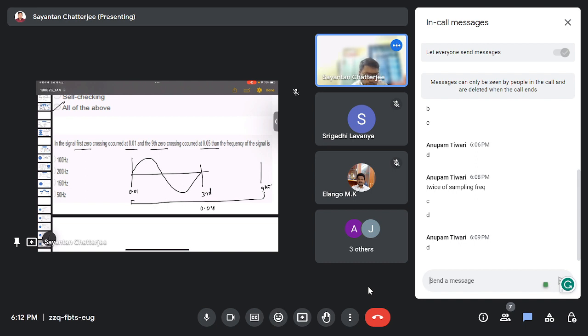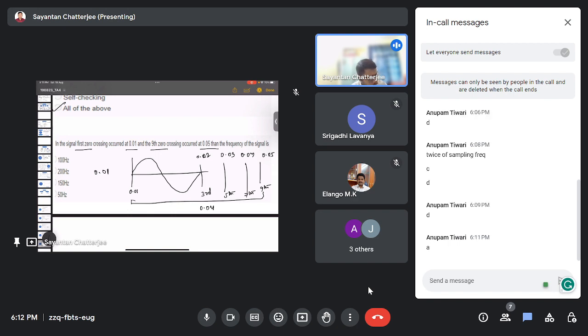So third would be 0.1, then 0.2, fifth would be 0.3, seventh would be 0.4, ninth is given 0.5. So what is the frequency of the signal?